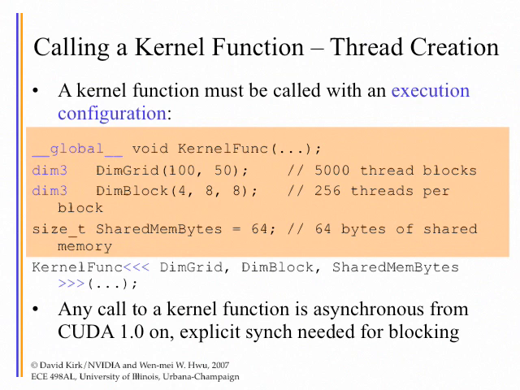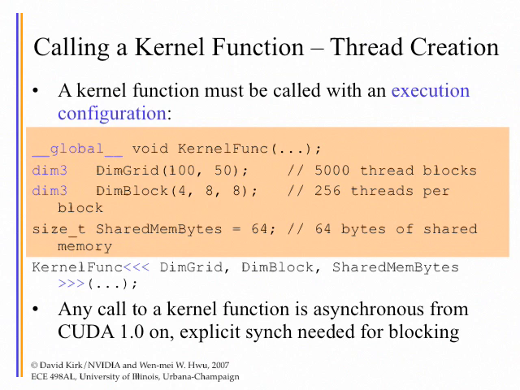But between the function name and the parameters, you will have 3 less-than signs, and you will give the dim grid, the dim block, and the shared memory bytes as configuration variables to the kernel. And the hardware is actually going to take these numbers and generate all the threads for you.